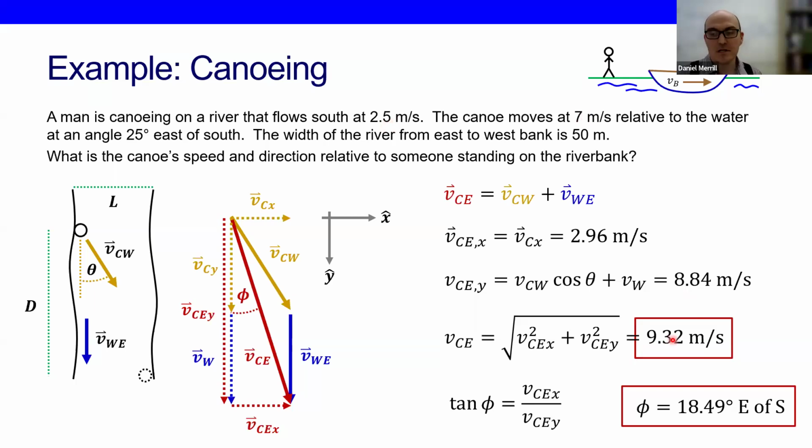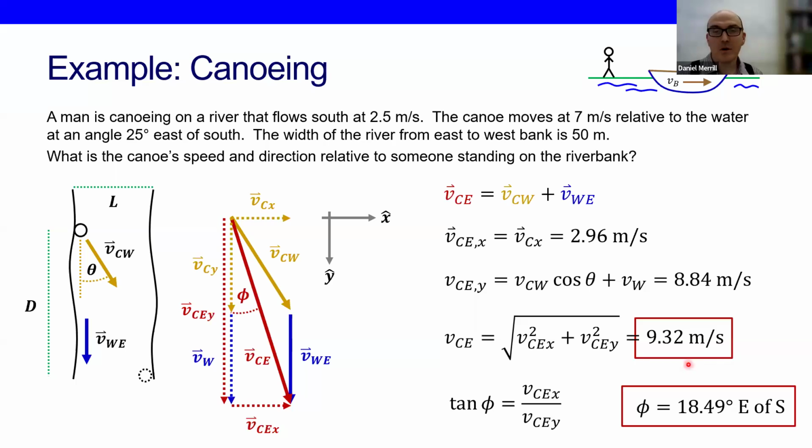So that's reasonable. And if the water is pushing me more south, I would expect this angle to get smaller, as you can see in my picture. So I'd expect phi to be smaller than theta. And sure enough, 18.5 degrees is less than 25 degrees. So I don't think I've made any errors in my math.